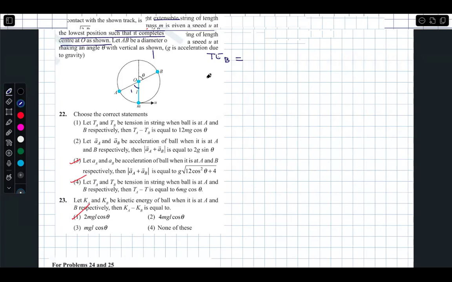Let's call this particular point... one minute.